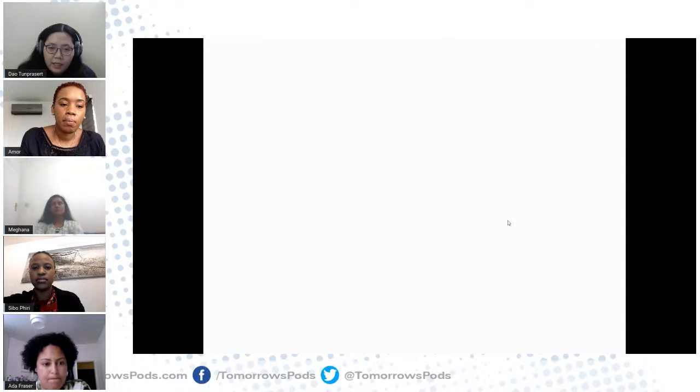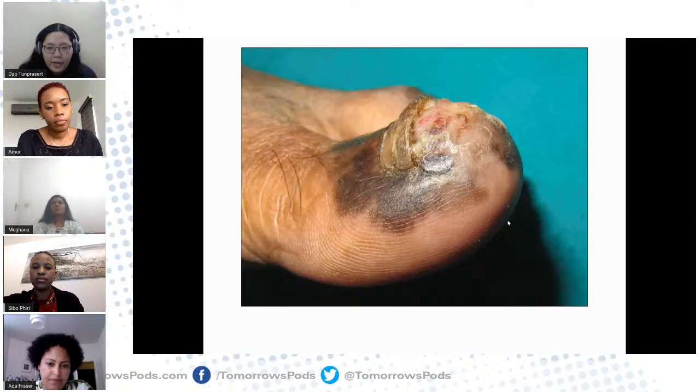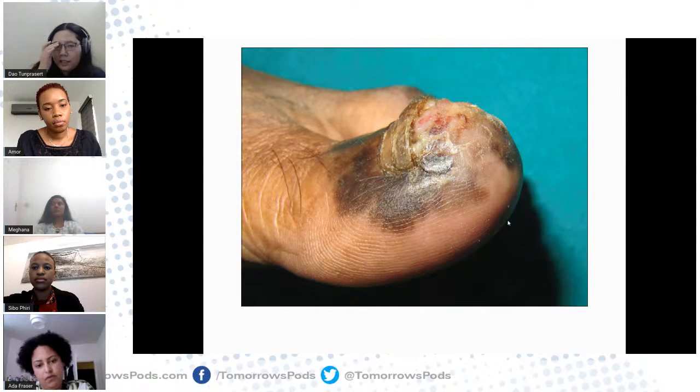If you look closely at the melanonychia, you would see that the color actually stays just in the nail area. It doesn't go into the sulcus area at all. And in a case like this, it goes further into the skin area, as you can see here.